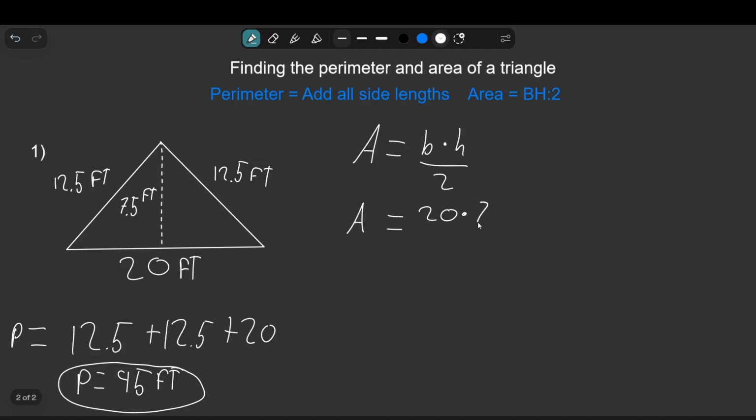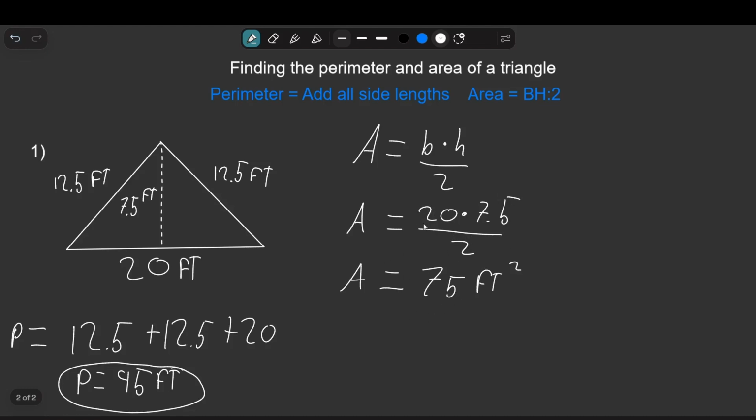So 20 times 7.5 divided by 2 will equal 75 feet squared. Because I skipped a step, I'm going to show you how to do this easily.